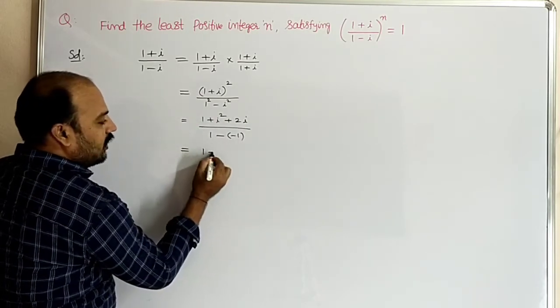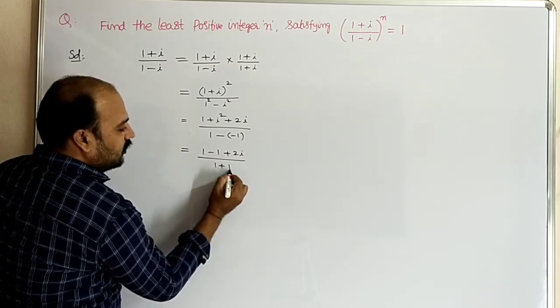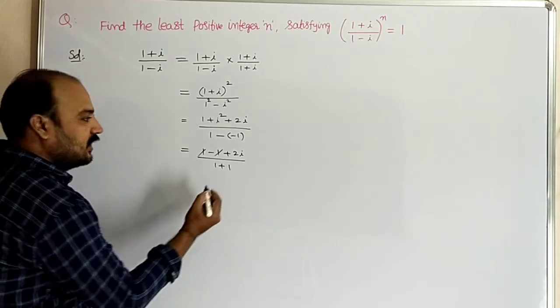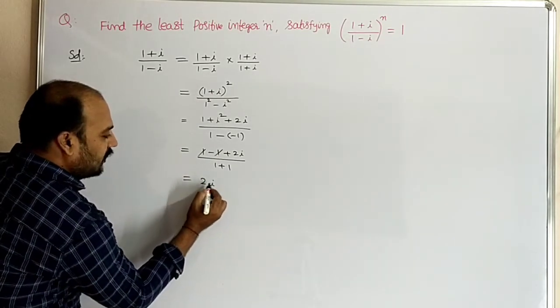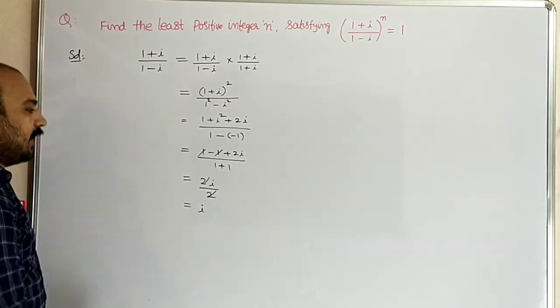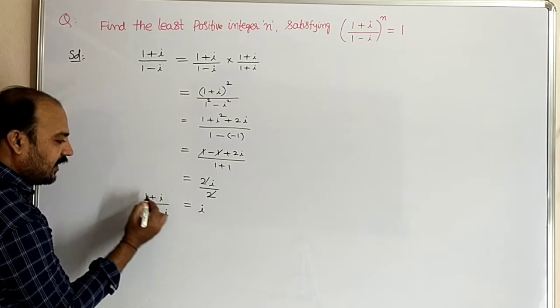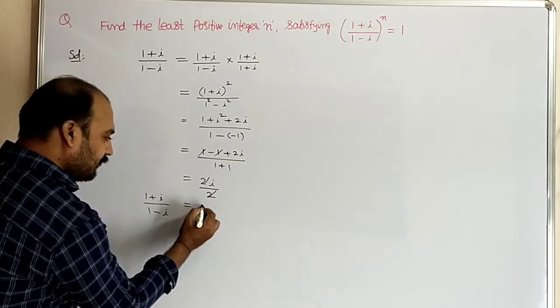That equals (1 - 1 + 2i) divided by (1 + 1). The minus 1 plus 1 get cancelled, which is equal to 2i divided by 2. The 2 get cancelled, and this value is equal to i. So (1 + i)/(1 - i) is i.